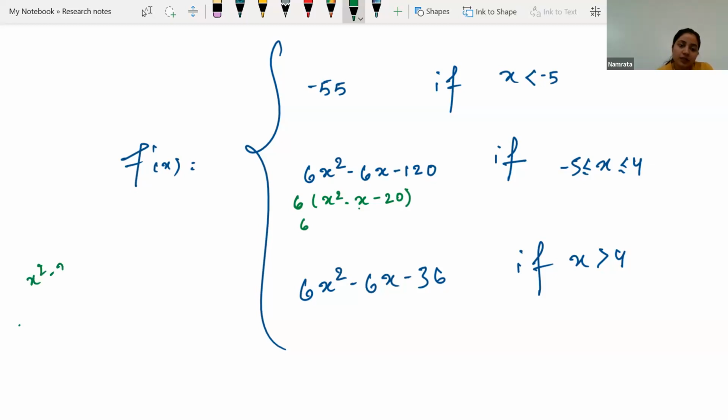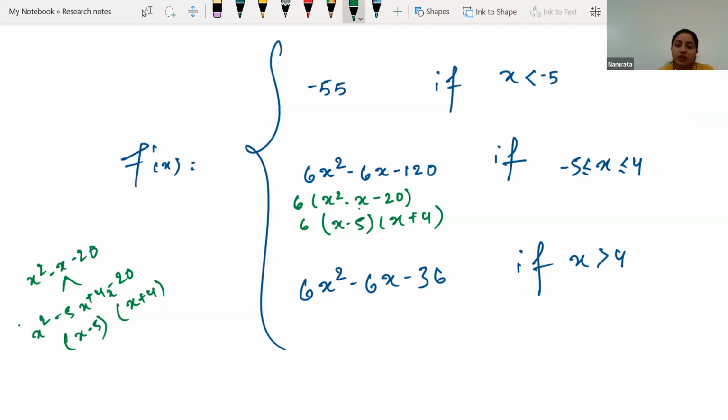So x square minus x minus 20 becomes x square minus 5x plus 4x minus 20. Taking x common we get x minus 5, and taking 4 common we get x plus 4. So this is what we are getting: 6 times x minus 5, x plus 4.